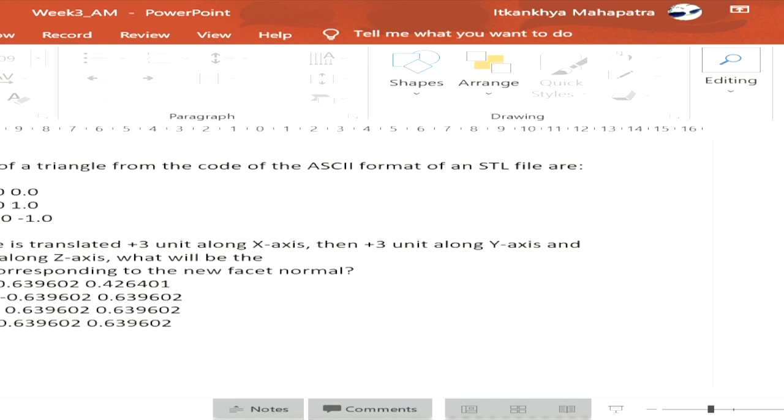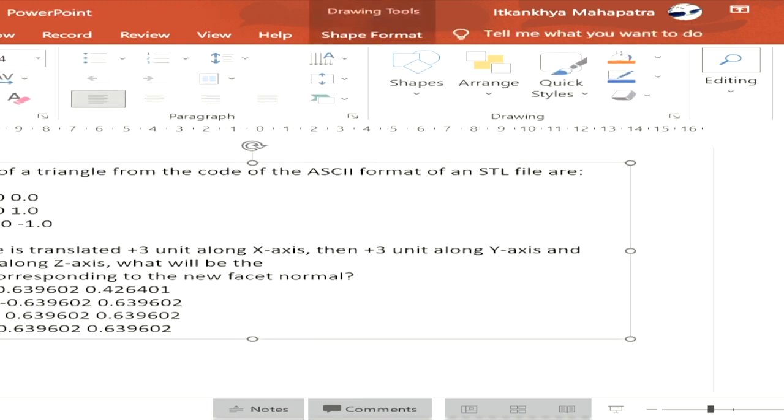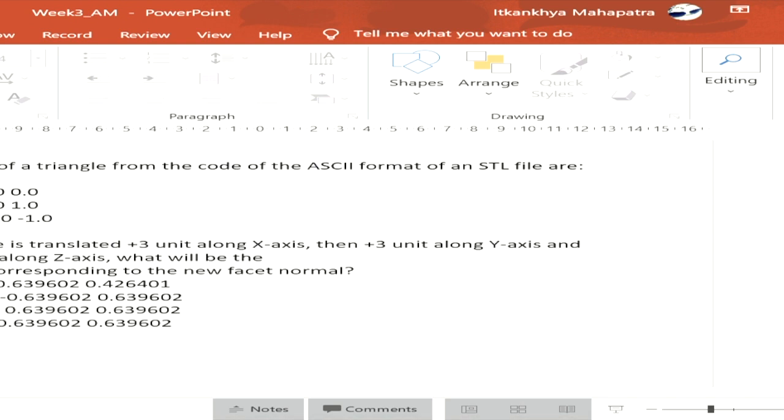Okay, next we'll solve a numerical. So here in this question we have been given the ASCII format of an STL file, which gives the vertices of the three triangles. Now it is written that if a triangle is translated plus 3 units along the x-axis, then plus 3 units along the y-axis, and then plus 3 units along the z-axis, what will be the unit vector corresponding to the new facet normal?